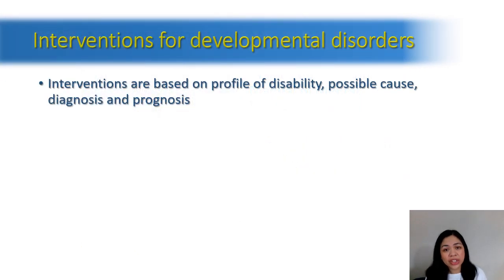What are the interventions for developmental disorders? Interventions are based on the profile of the disability, the possible cause, the diagnosis, and the prognosis. Now, this can differ from one child to the other.